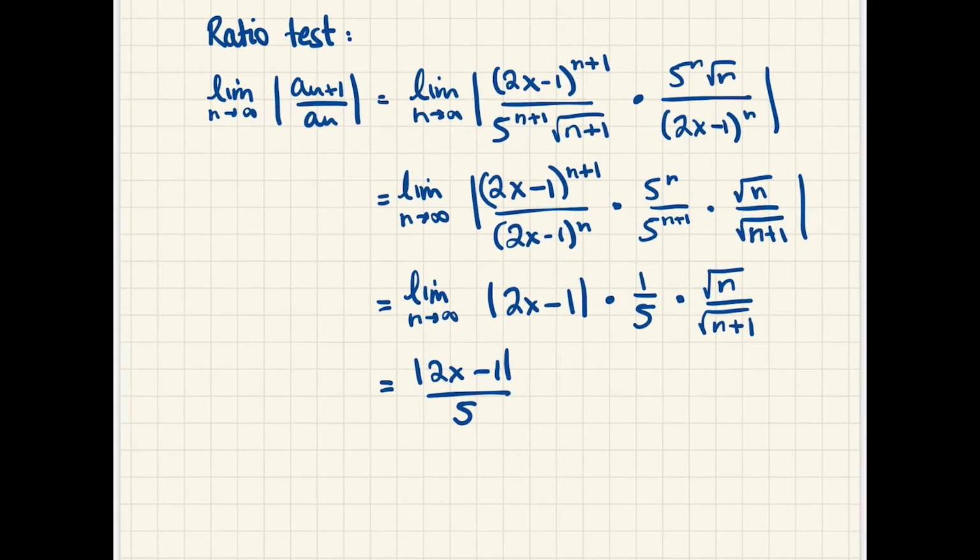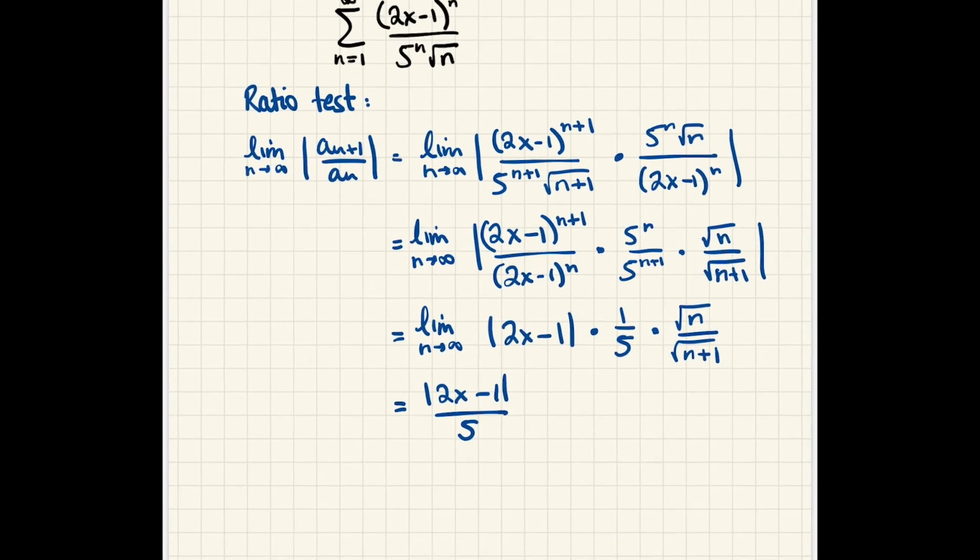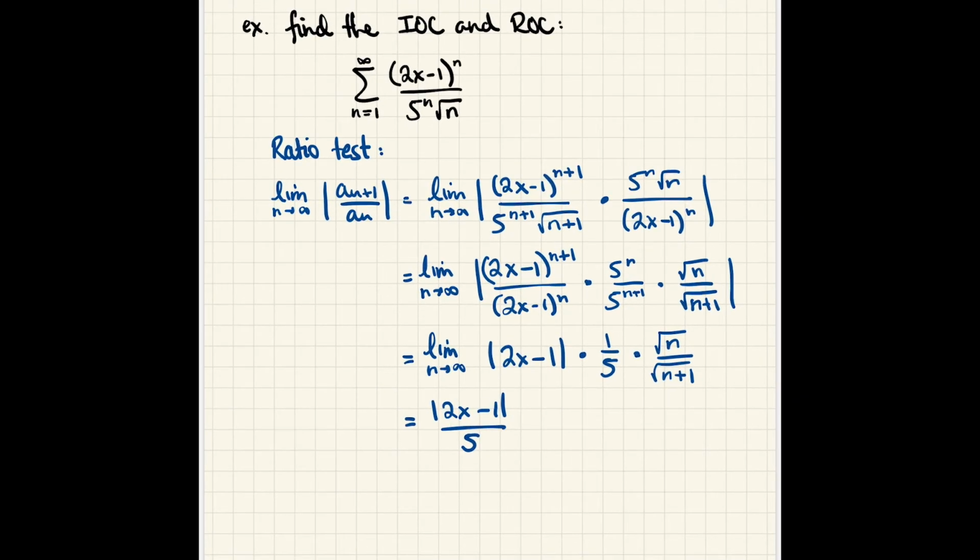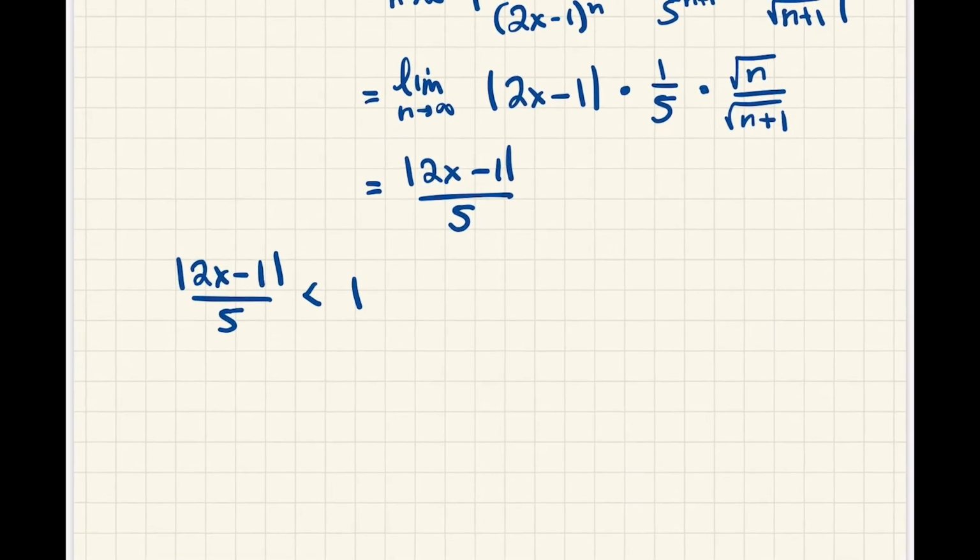So now the context here is that we're not checking to see if a particular series is convergent. We actually have a power series, which depends on x. So this series we expect to converge for some x and maybe diverge for other x's. So what we do is we just decree that we have a convergent series, which means that we are going to set this expression here to be less than 1, and we're going to solve for x.